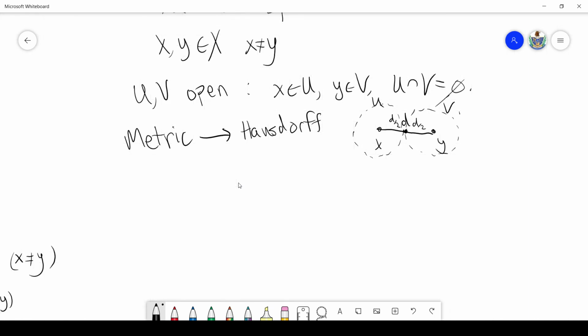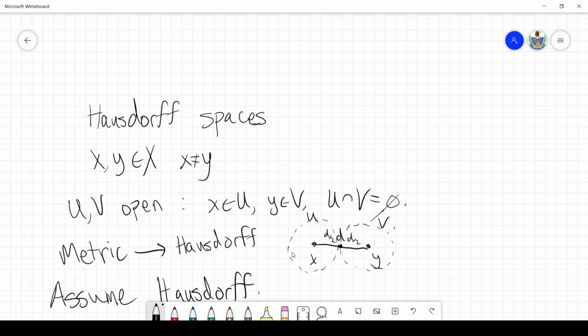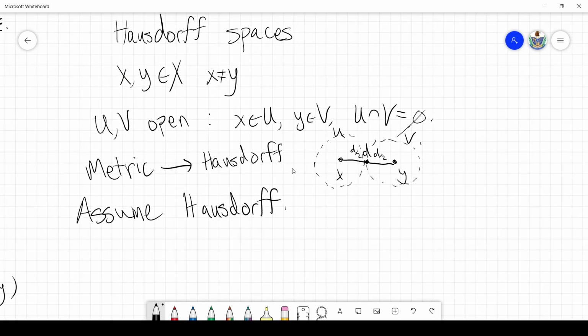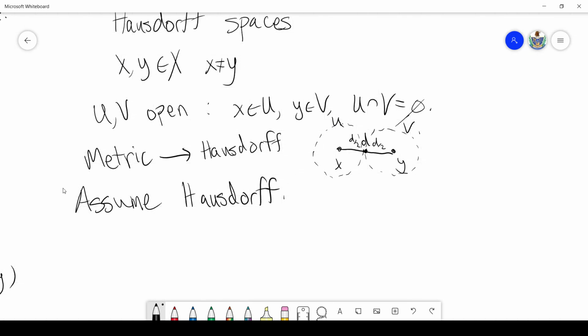And from here on out, we will assume Hausdorff spaces. Any topological space that we talk about will be assumed to be Hausdorff. And a fun historical tidbit is that the Hausdorff condition used to be in the original definition of a topology because all the, quote, interesting spaces were Hausdorff.